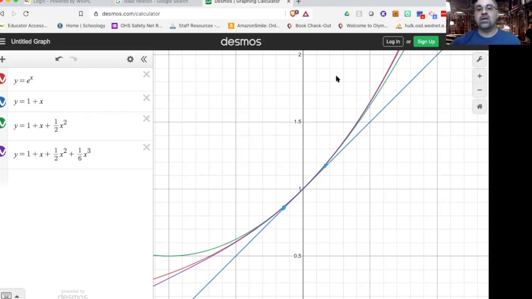Green parabola, you get a little bit further. If I go out to about here, maybe back to about here, you can start to see the visual separation come in pretty good. But look how far out we can go on the purple graph. I'm all the way up here at the top, and we're still very close. Down here on the lower side, we get some separation around here.